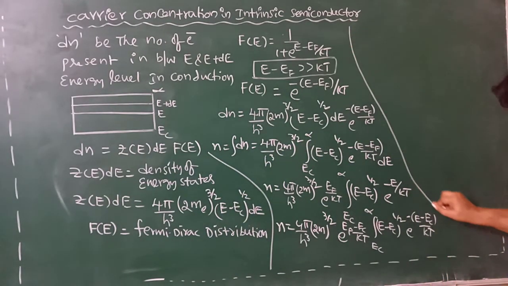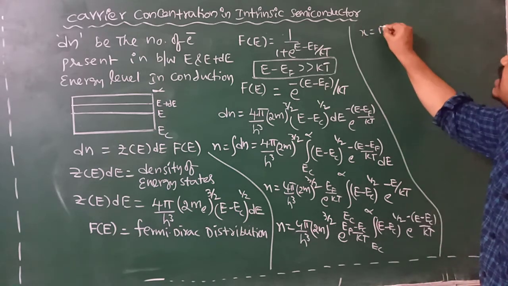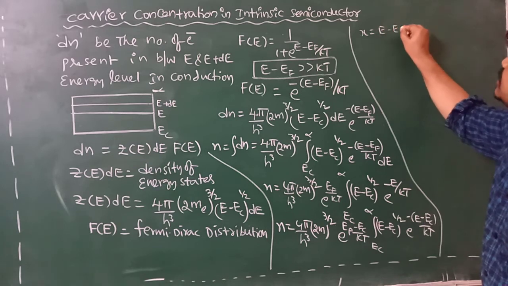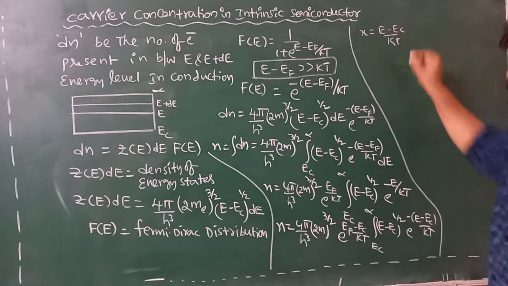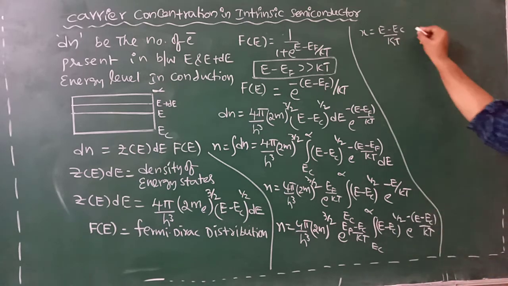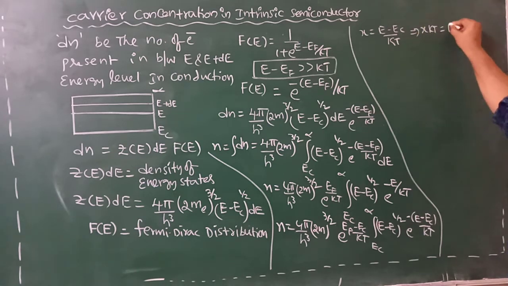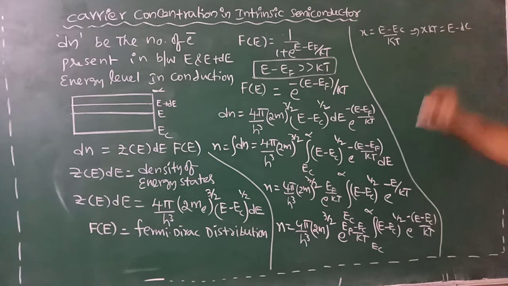So to solve the above equation, see here, now I consider x is equal to (E minus Ec) by kT. As a consequence, x kT is equal to E minus Ec.